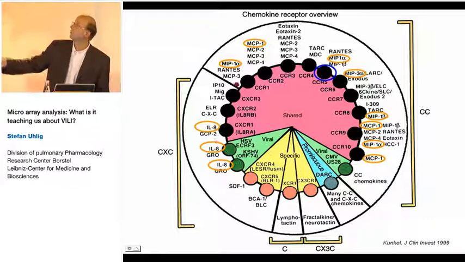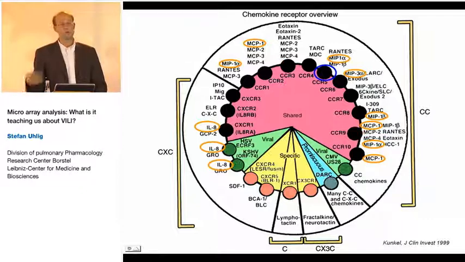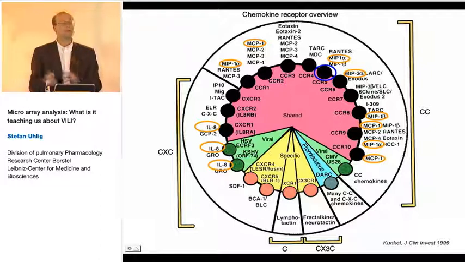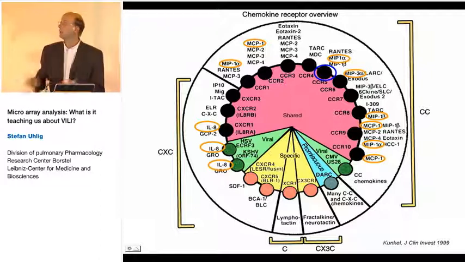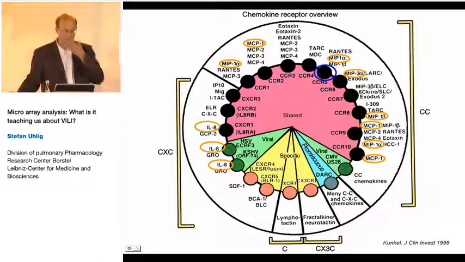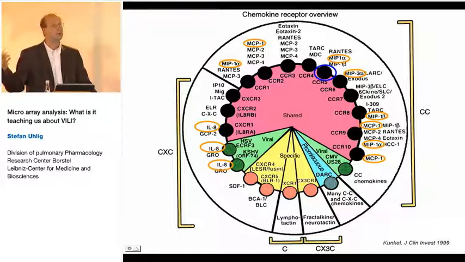We have a number of receptors, but we have even many more ligands to those receptors. So it's a very complicated system. And actually, I think to understand such a system, you have to have screening methods like the gene array to get at least a grasp of this complexity. So what you see here circled in orange, MCP1, MIP1 alpha, MIP3 alpha, interleukin 8 or MIP2, all of them were increased by mechanical ventilation.